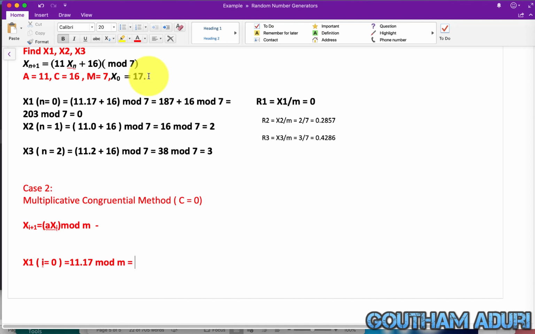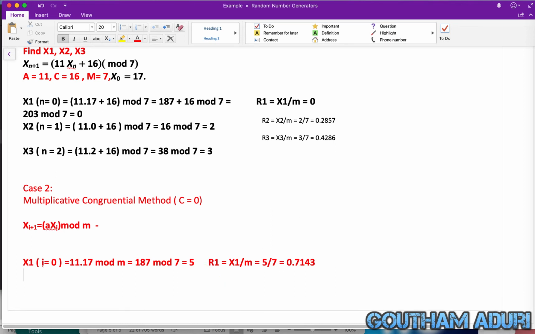So it's 11 into 17, 187 mod 7. So 5, because 7 2s are 14, 7 6s are 42. The remainder from dividing 187 with 7 is 5. And the same thing here: R1 is nothing but x1 divided by m, so 5 divided by 7.